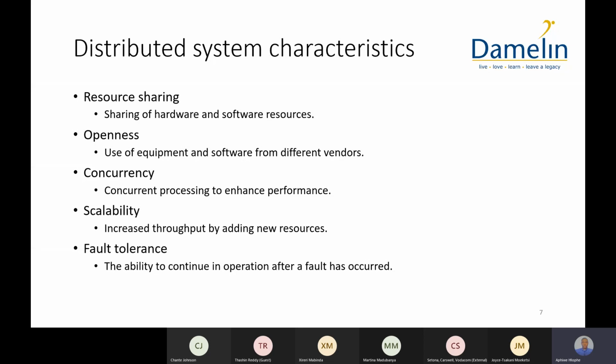In a distributed system, we have a wide variety of hardware and software usually from different vendors. So there's that whole concept of being open. Okay, it doesn't really matter because you can bridge it somewhere using some middleware. So there's different platforms as well and different vendors of hardware and software.